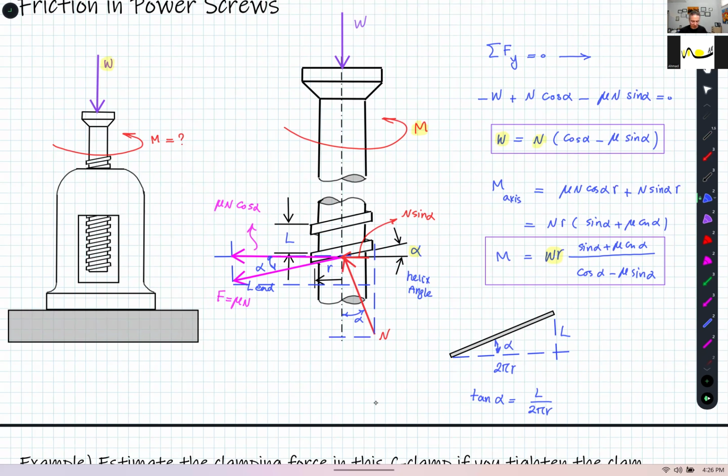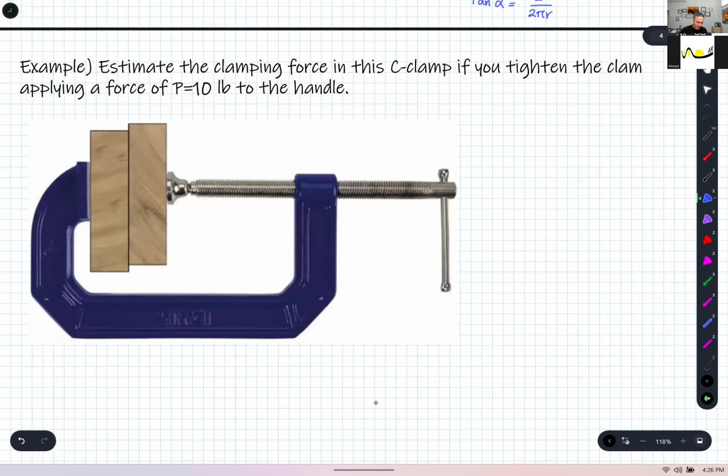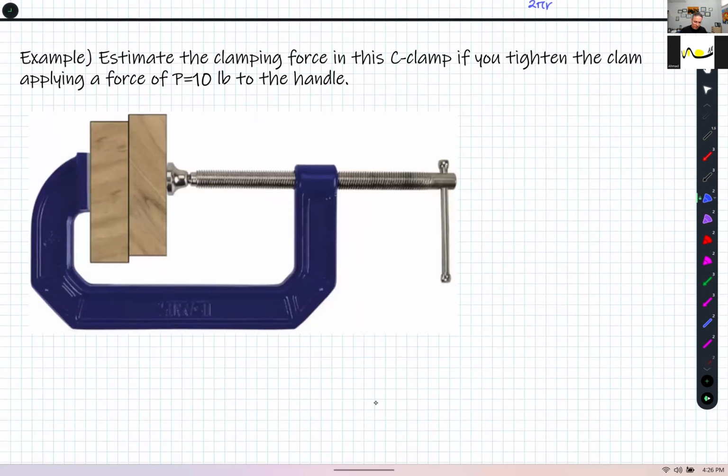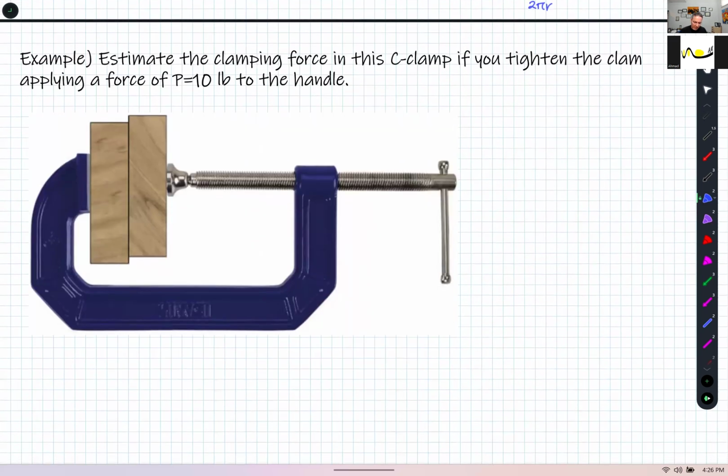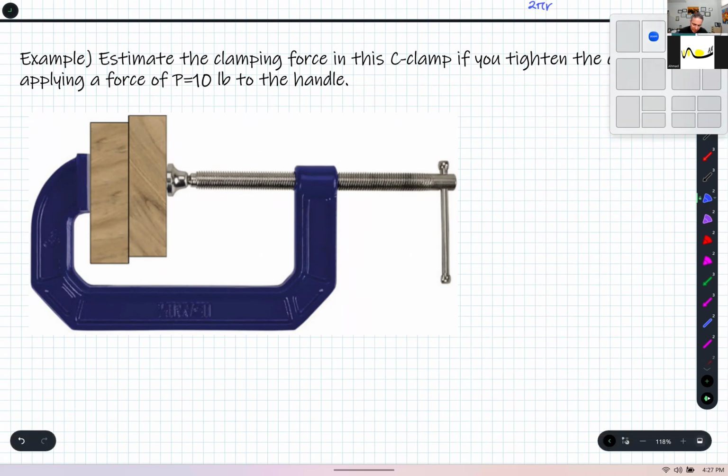Or I can perhaps measure. Let's solve one simple example together. Suppose here I have a C-clamp, and I clamp these two pieces of wood together.